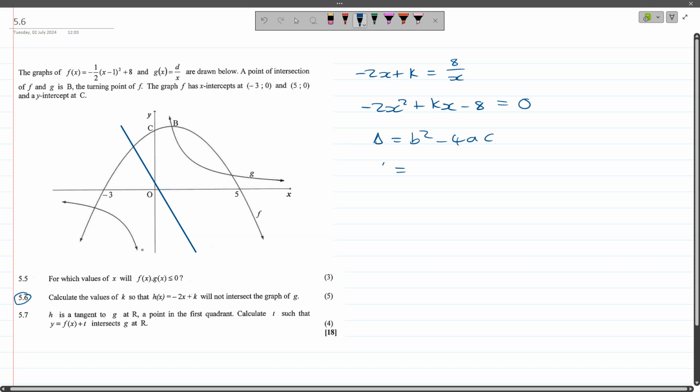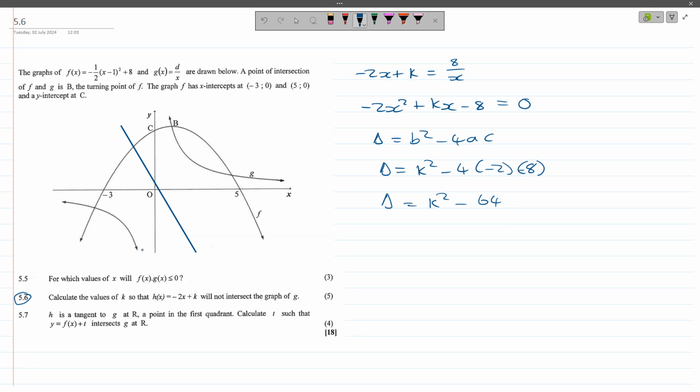We can substitute these values to get k squared minus 4 times a, which is minus 2, times c, which is minus 8. All of this gives us k squared minus 64.